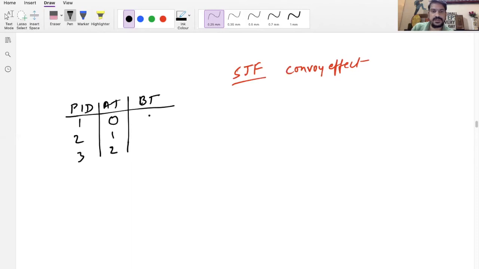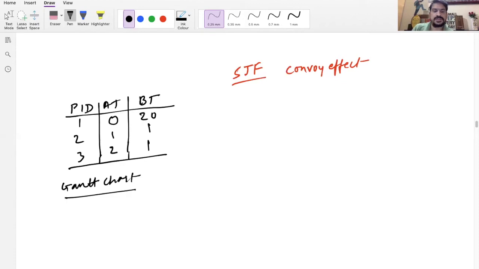Burst time is, let's say, 20, 1 and 1. Okay. Let's see this. In this, how the shortest job first is going to work. Now we'll draw the Gantt chart for that.